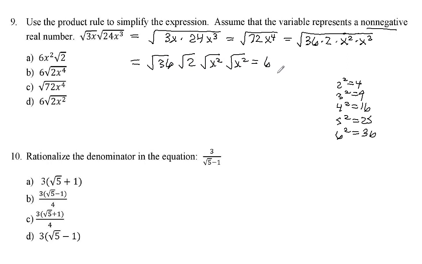It's the number you square to get 36. The root 2 we have to leave on the end, can't simplify that, but square root of x squared, the thing you square to get x squared, is x. And then here's another x, so this is x, and then this is x. So that's x squared. And now it's simplified. 6x squared root 2, which is choice A. So you want to make sure you pick the simplified answer. You've got to take out all the perfect squares. There's no more perfect squares underneath the root sign.